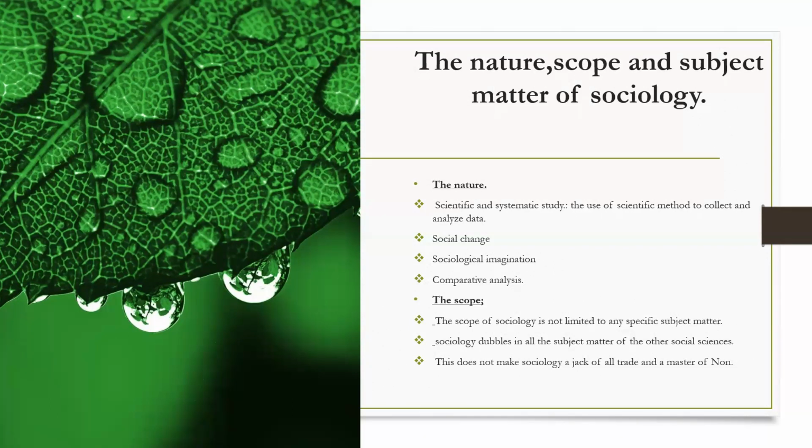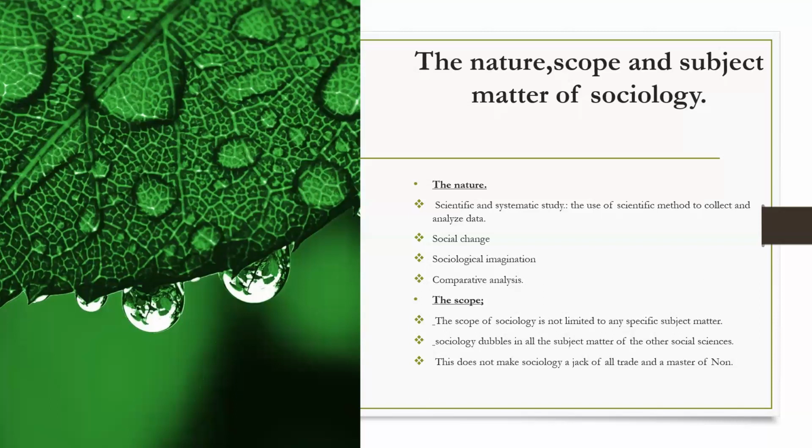So that means that you can see economics in sociology, you can see political science in sociology, you see anthropology in sociology, and you also see the health institution in sociology. So the discipline of sociology is not limited to any particular subject matter.